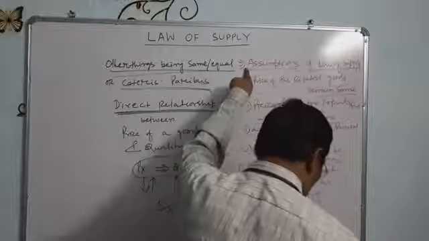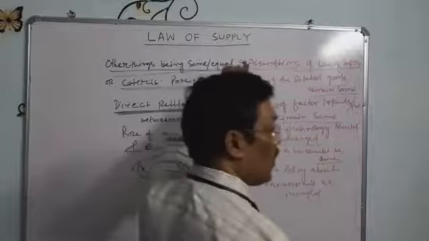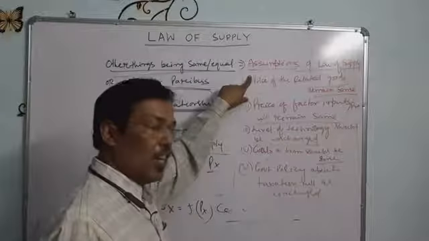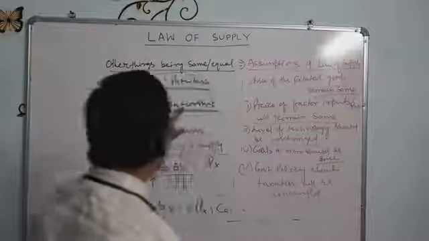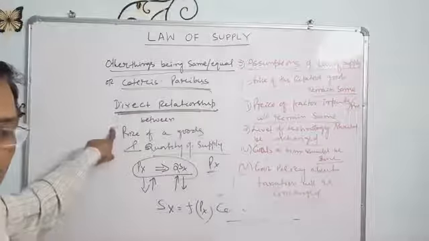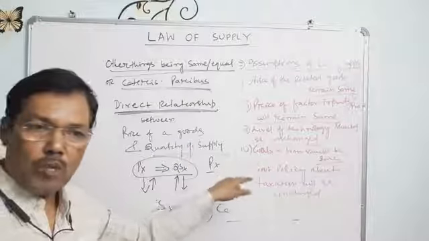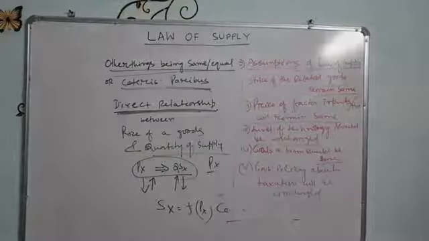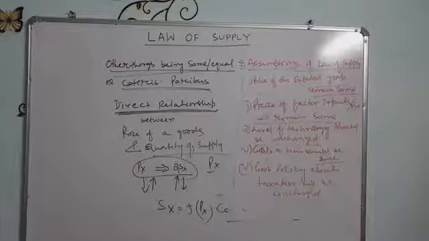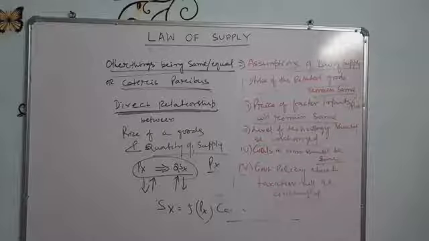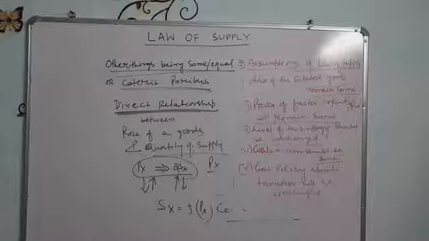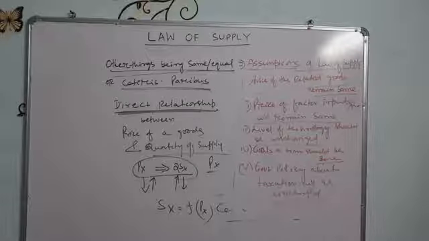It means that there are some factors which will remain unchanged, constant, or the same, and then the law will operate. In microeconomics, any law is formulated with some factors held constant, and then the law operates. So when we say other things being equal, or ceteris paribus, it is clearly understood that there are some factors which are constant, unchanged, and the same.